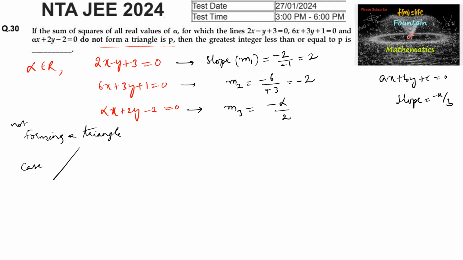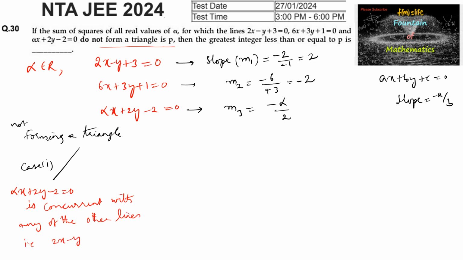Case 1: either alpha x plus 2y minus 2 is equal to 0 is concurrent with any of the other lines, that is 2x minus y plus 3 is equal to 0, or 6x plus 3y plus 1 is equal to 0. In such a case, the area of the triangle will become 0, that is, there is no formation of a triangle.